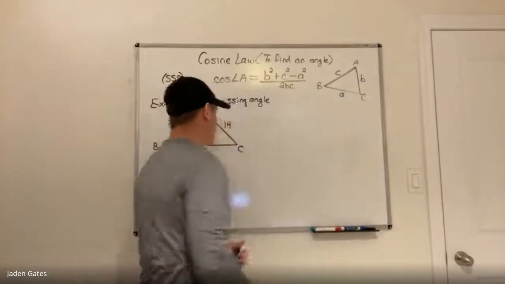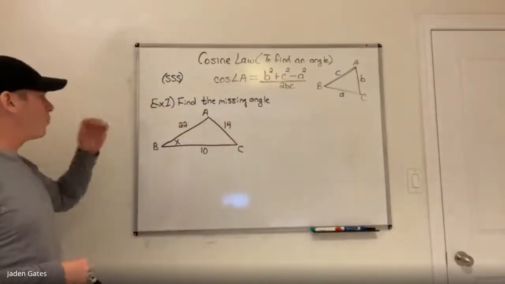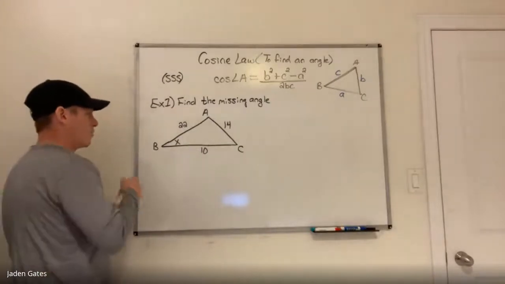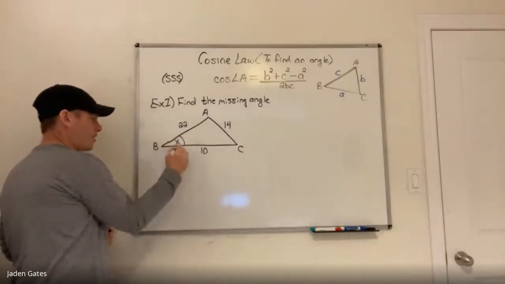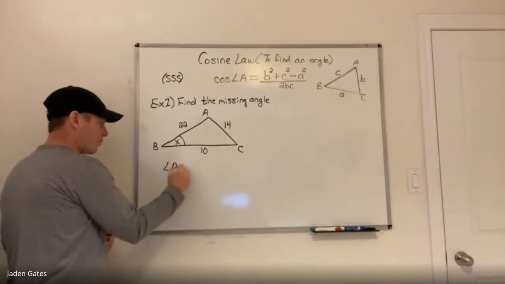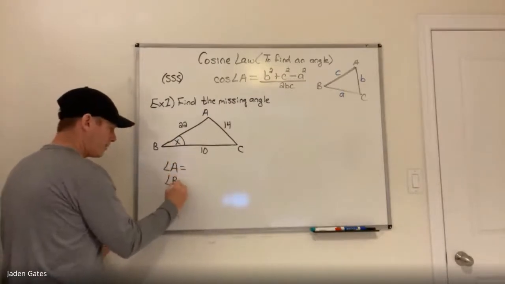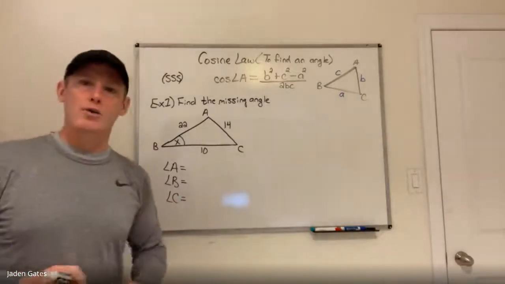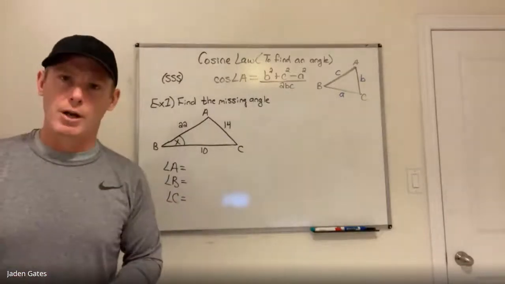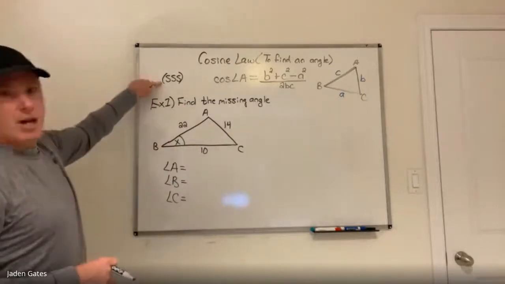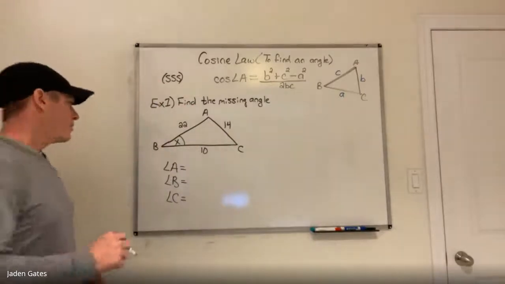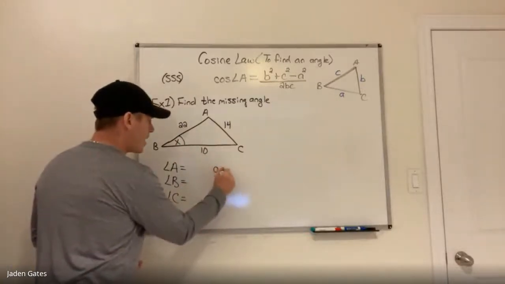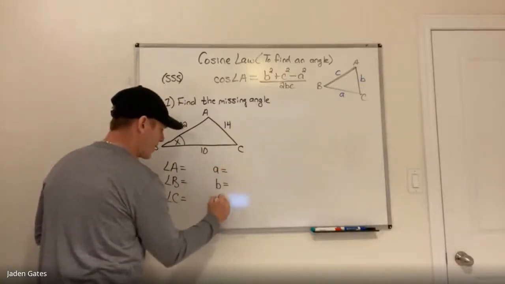All right, so on that note, we get to example one here, where I'm going to find the missing angle. So we're looking for angle X here. Again, I like to write down my givens. When you're on a test and you're looking at non-right angle triangles, I would know to use the cosine law here because it's side, side, side. I've got three sides. With any triangle, when I'm writing down my givens, I have three angles and I have three sides.